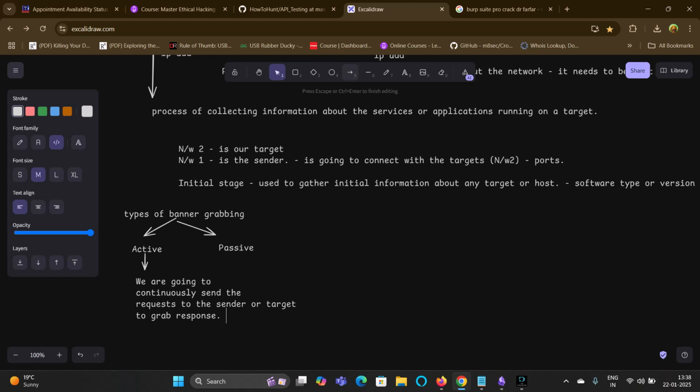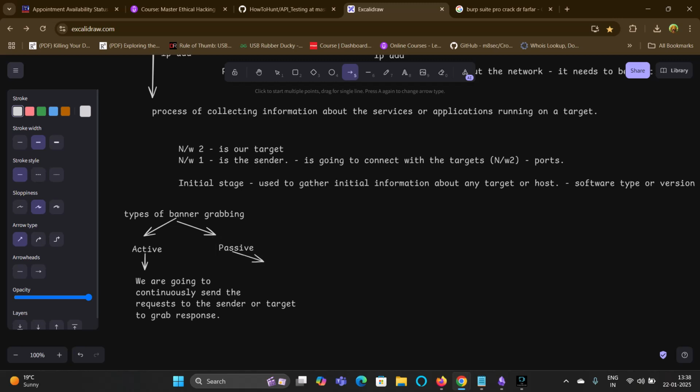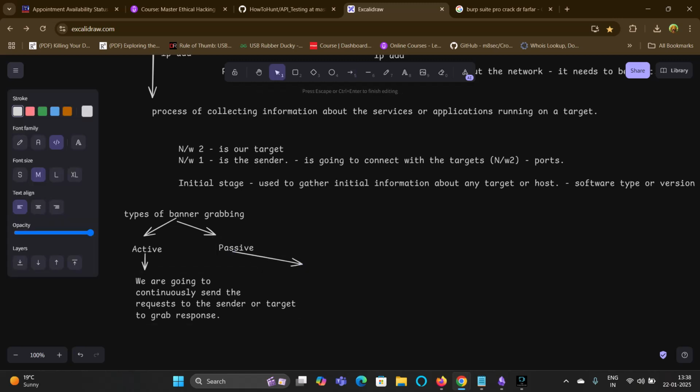Now moving on further, we have passive banner grabbing. Passive is the same as the previous active and passive reconnaissance. Here we are going to passively keep a note, or keep an eye on our target system to gather info about it.